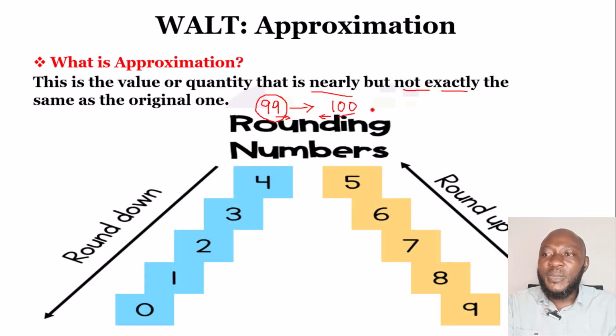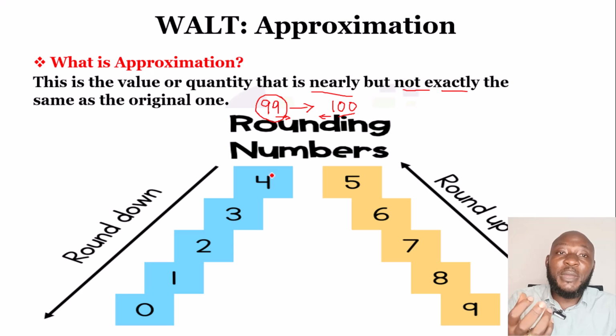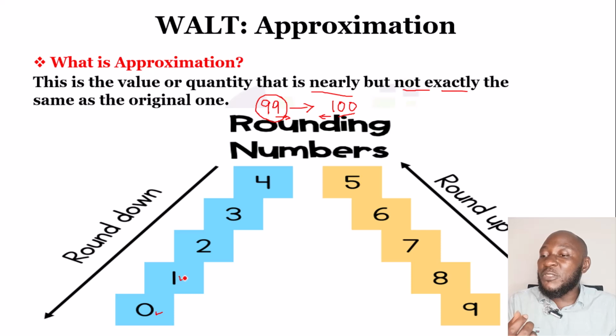Now, whenever you are approximating numbers, you carry out judgment on a particular number. Whenever the number you're carrying out your judgment on falls between 0 and 4, that is, if the number is 0, 1, 2, 3, or 4, you round down.